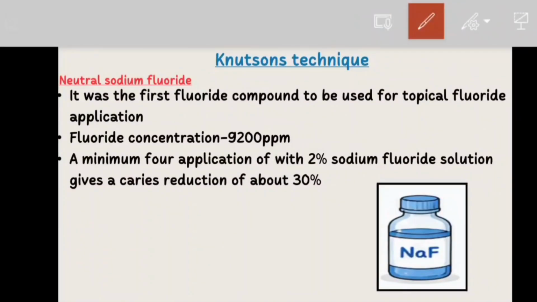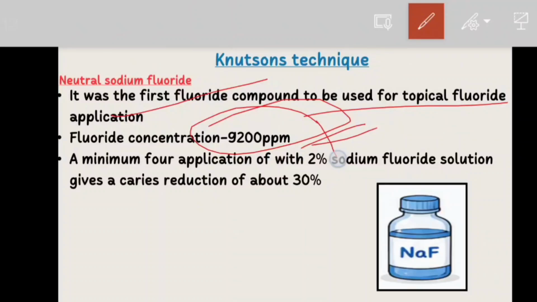So this technique involves the neutral sodium fluoride. So here the neutral sodium fluoride was the first fluoride compound to be used for the topical fluoride application. The fluoride concentration here is 9200 ppm. Now remember this number because it is important for the exam. So what is the fluoride concentration mentioned for the neutral sodium fluoride? That is 9200 ppm.